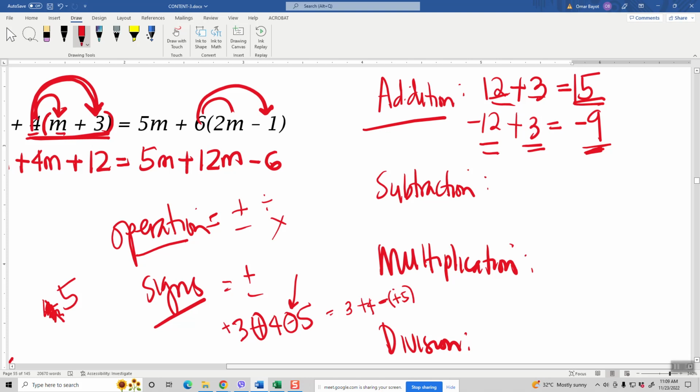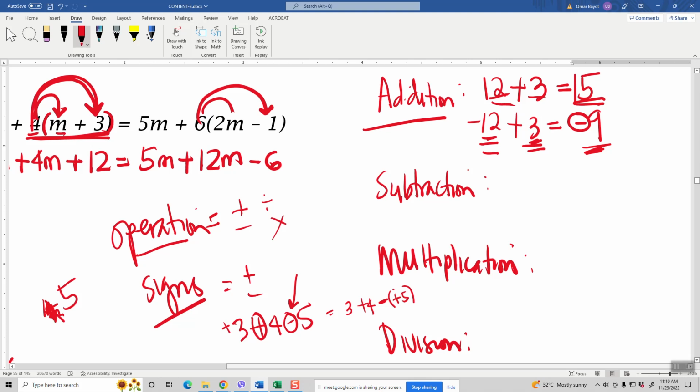You will carry that sign. Just like in this instance, you have negative 12 and positive 3. Negative 12 has a sign of negative. 12 is bigger than 3. So you need to carry that sign which is negative.